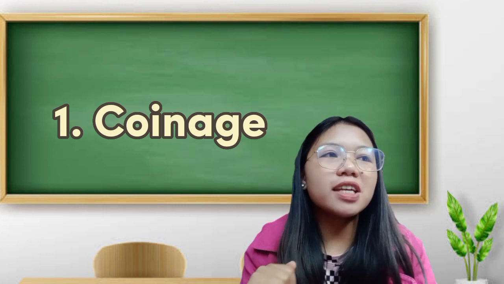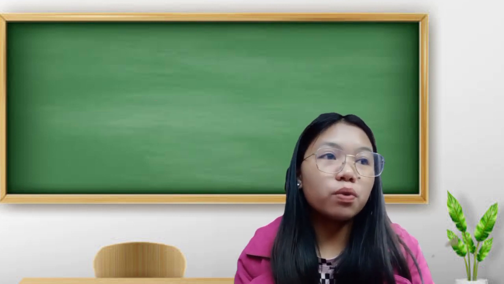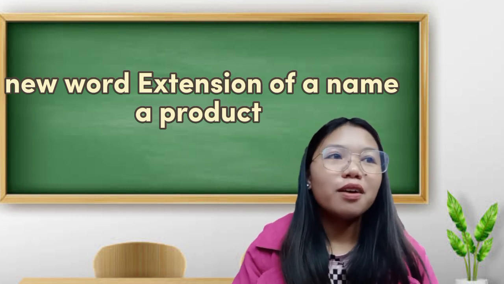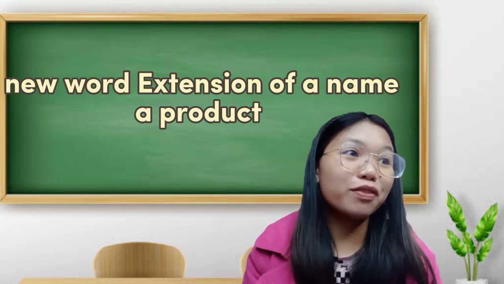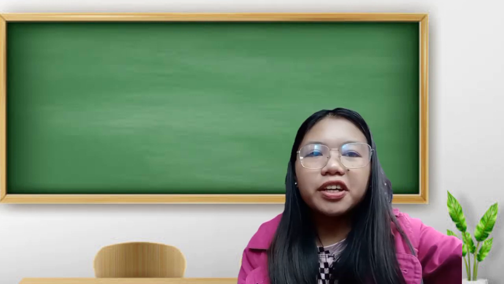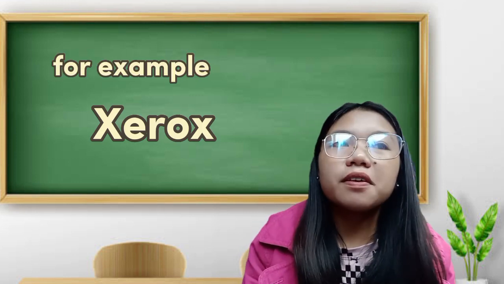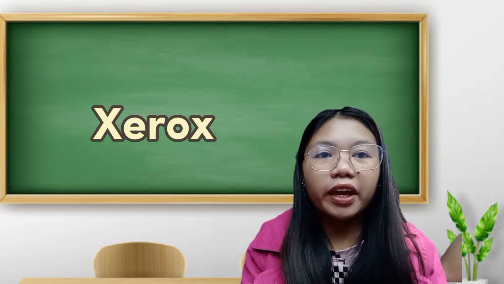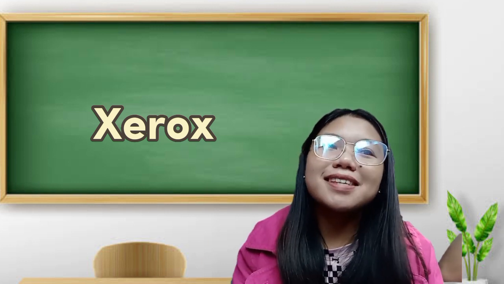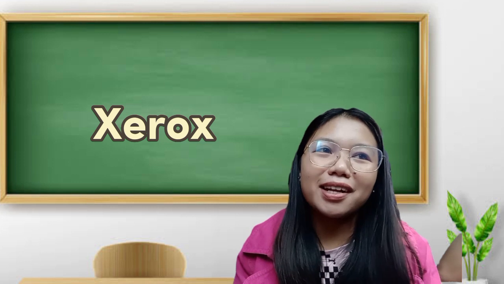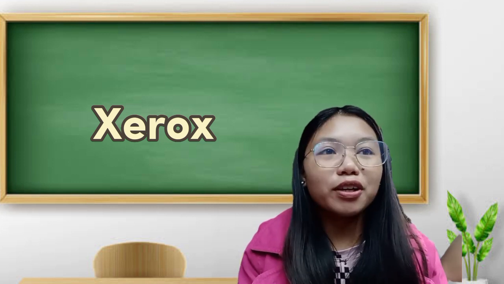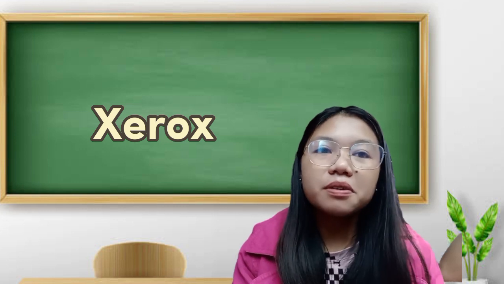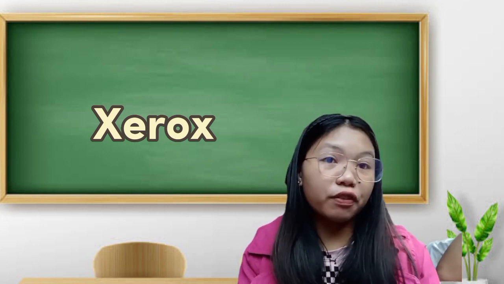A coinage is an invention of totally new words, or extensions of a name of a product from a specific reference to a more general one. For example, Xerox. Here in the Philippines, we use the word Xerox when we want to print out or photocopy something. And Xerox is actually a name of a corporation that is a provider of document management technology such as printers, photocopiers, and multifunction peripherals.